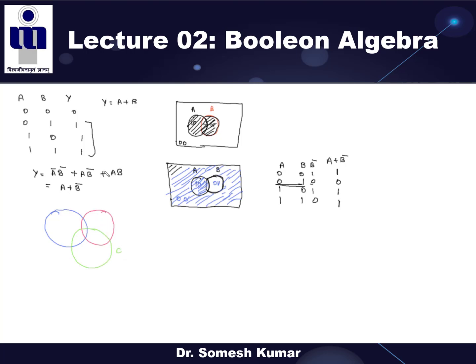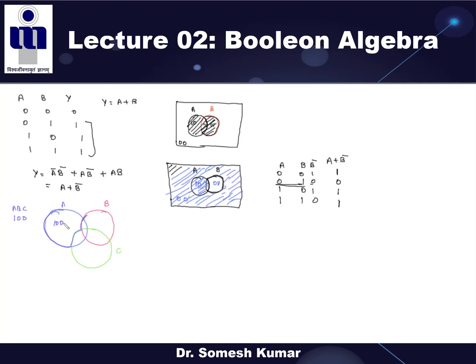This is C, and this is B, this is A, right? Clear? So what is 1 0 0? It is the part of A in which B and C are not involved, right? This one. Clear? This is 1 0 0, right?